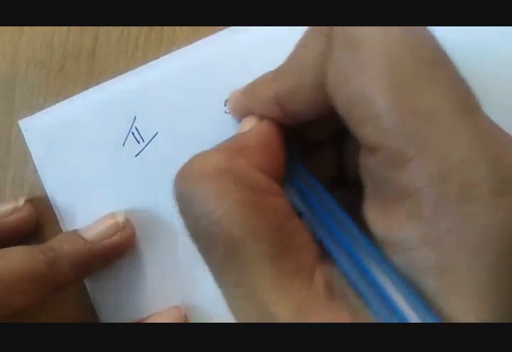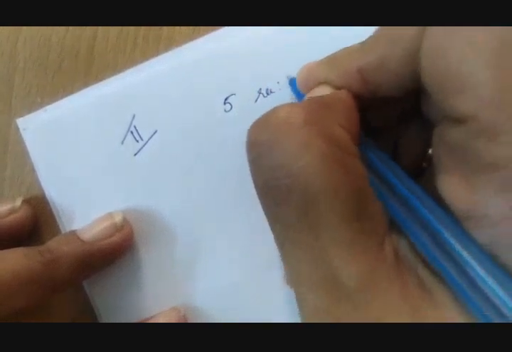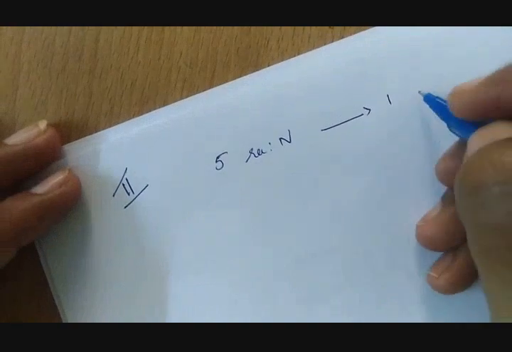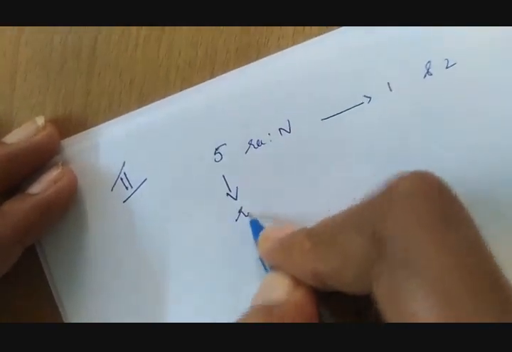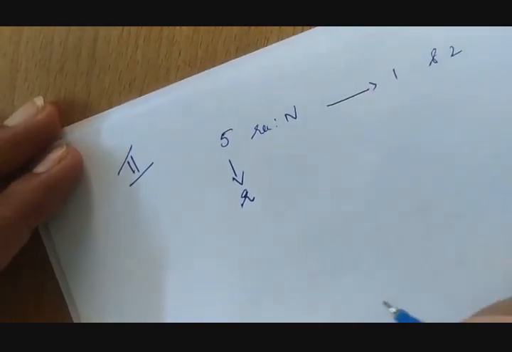And for the above question, there is another solution, the second method. We have to find out 5 rational numbers between 1 and 2. So take this value as r, small r.